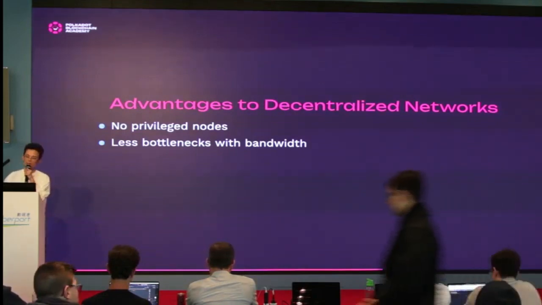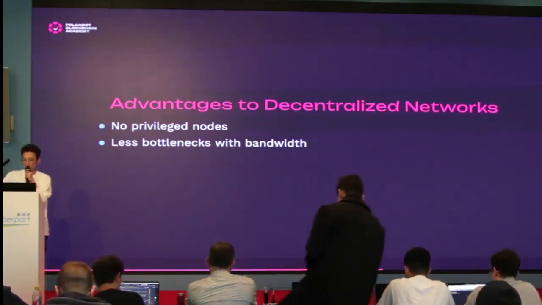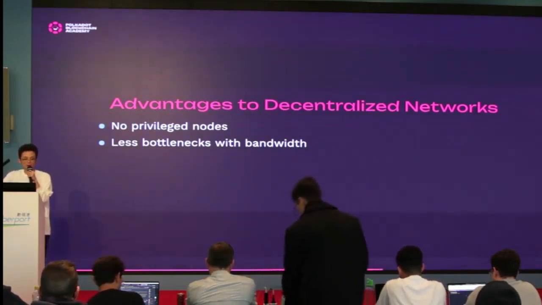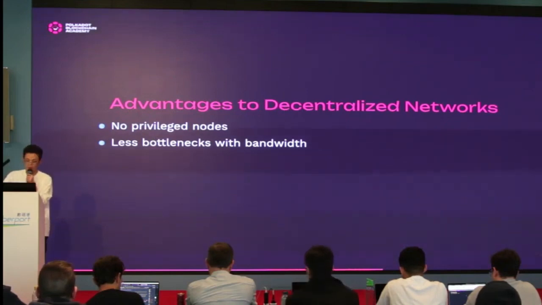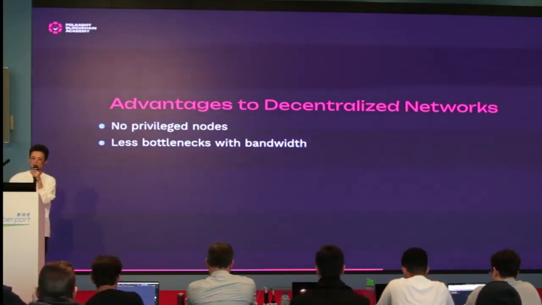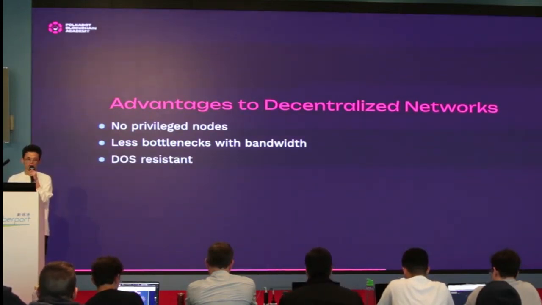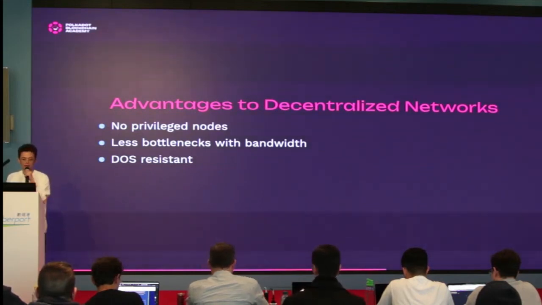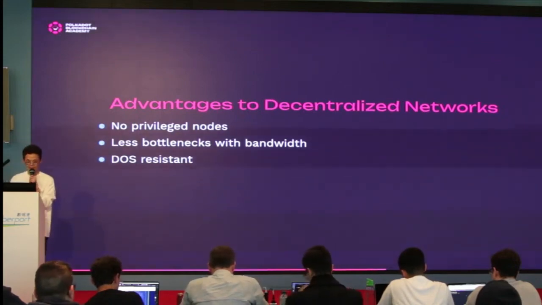And when we have a lot of nodes sending requests to you, of course, you will not be able to process all the requests. Your computer or your server may shut down due to limited bandwidth, and you cannot serve the honest nodes anymore. That is also what we call DoS resistant. So in decentralized network, we will not suffer from DoS attack anymore.